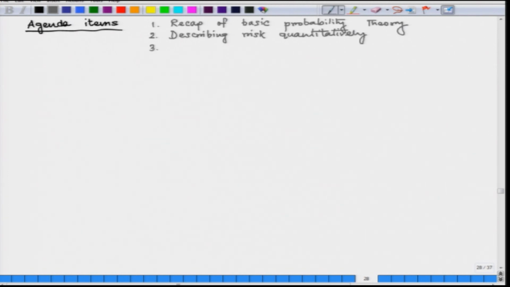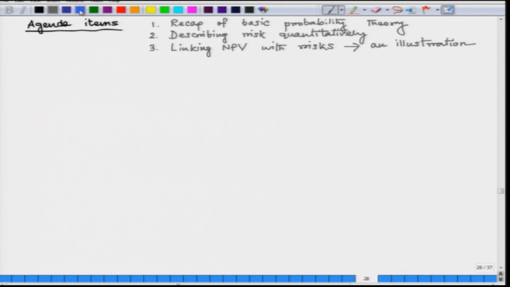And third thing I am going to do is linking the concept of net present value that we have seen earlier with risks, and we are going to have an illustration through which we will understand how NPV shall be calculated in a risky world.